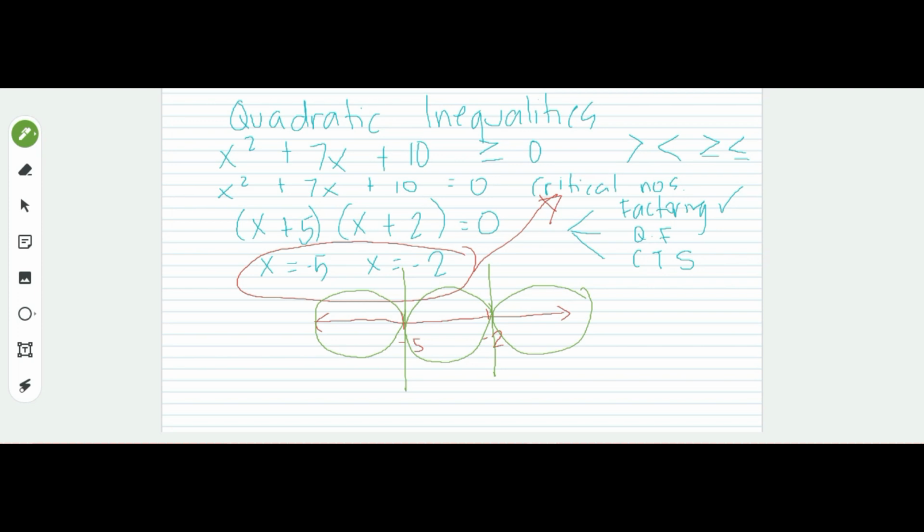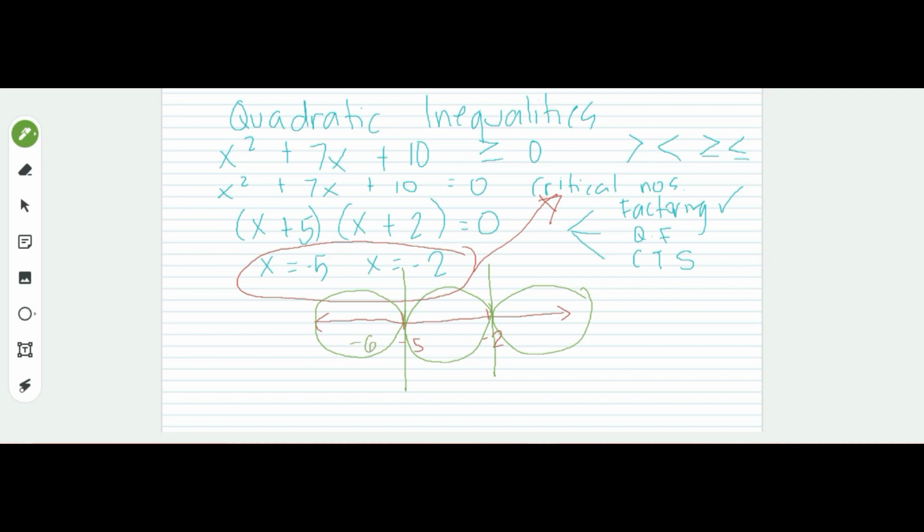So again, for our test numbers, we have before the -5. There are a lot of numbers before -5, but you are going to get the nearest integer to -5. You can get fractions or decimals, but of course the easiest would be an integer that is nearest -5, which is -6.